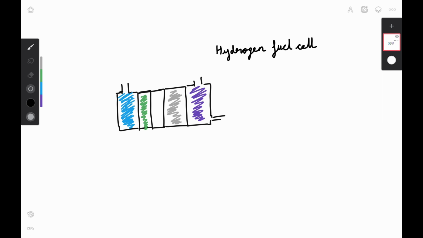Right. So here, if you remember a bit of chemistry, there are two electrodes majorly in any cell. So this is H2. Now remember, I'm just talking about the hydrogen fuel cell. The hydrogen has already been derived either in the form of gray hydrogen, that is from methane, CH4, natural gas, or by the electrolysis of water.